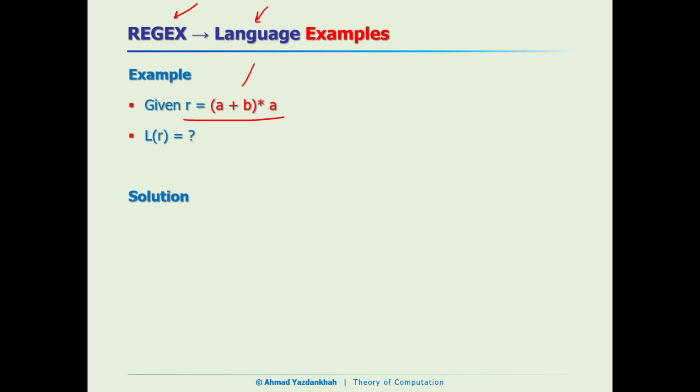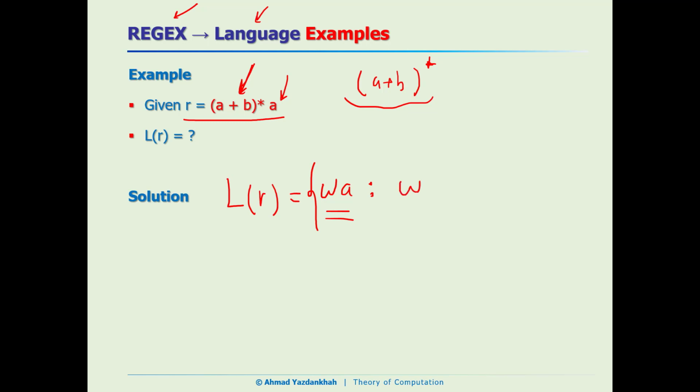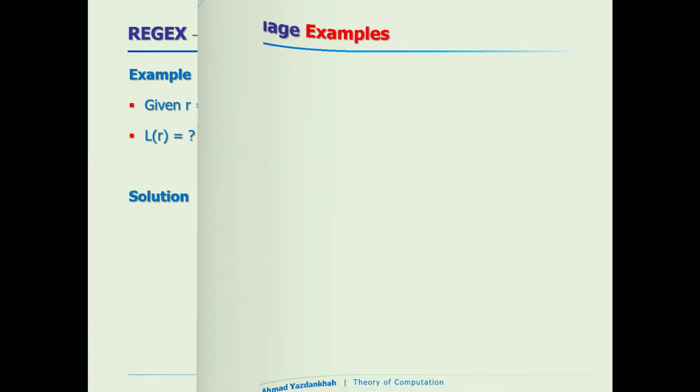For example, if you remember that I said (A plus B) star is everything, then if I am looking for L of R and want to show it with a set builder, I would say this is equivalent to W, and this is just an A. So we are talking about this language, and W belongs to sigma star.